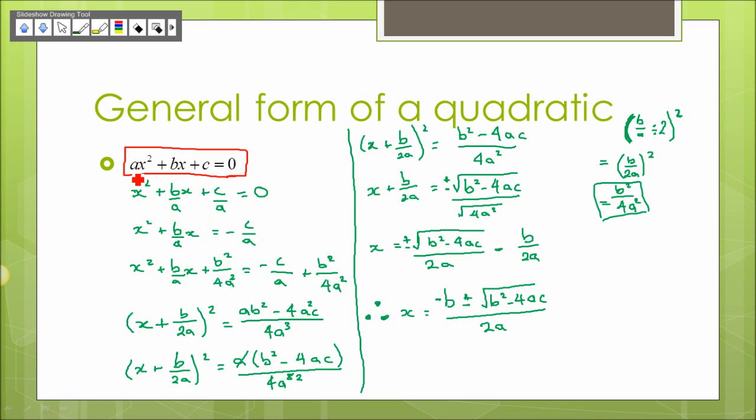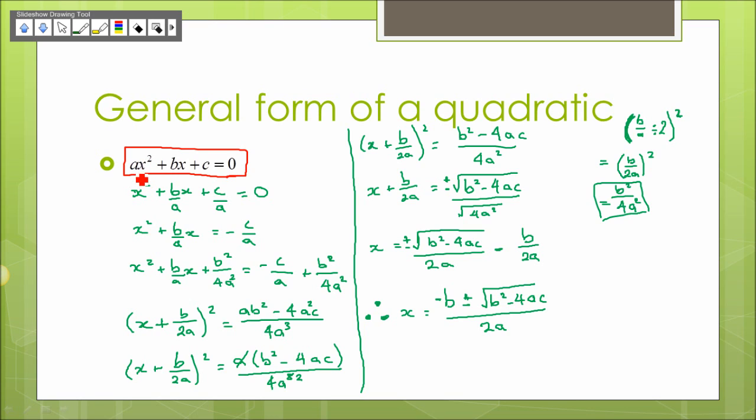I've solved using the completing the square method, and you remember that in the examples we did for completing the square, whenever there was a number in front of the x squared, we removed it as a common factor, or we divided everything by that number. That was example 2 in exercise 4C, I believe.